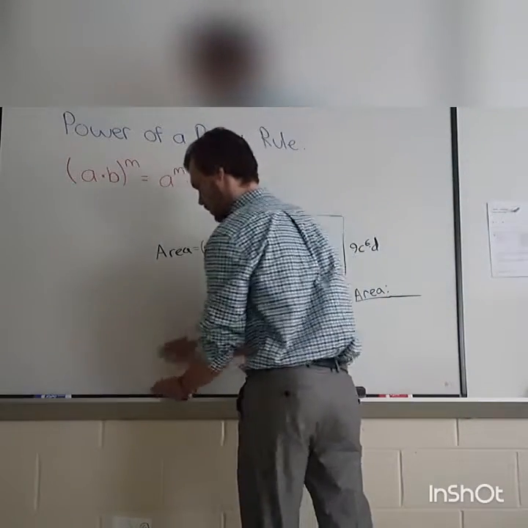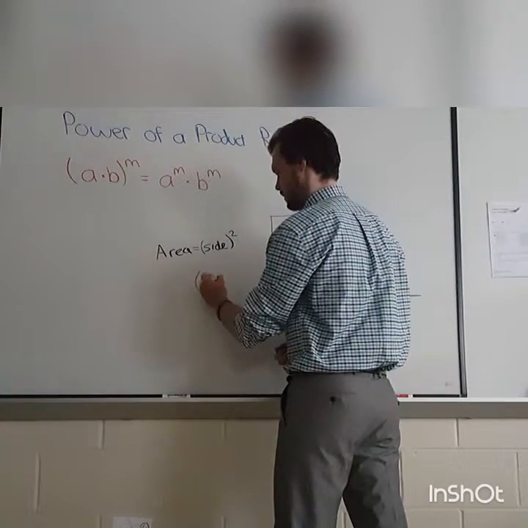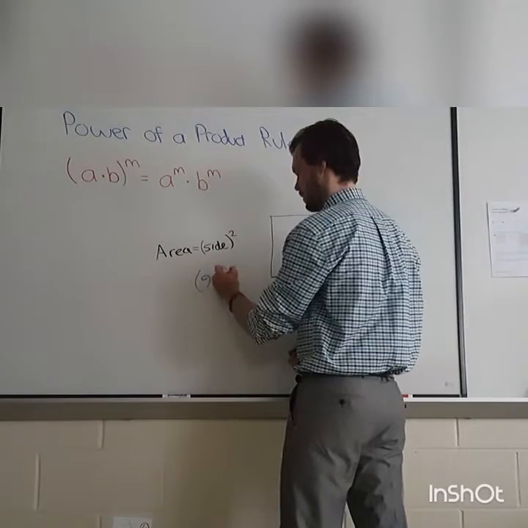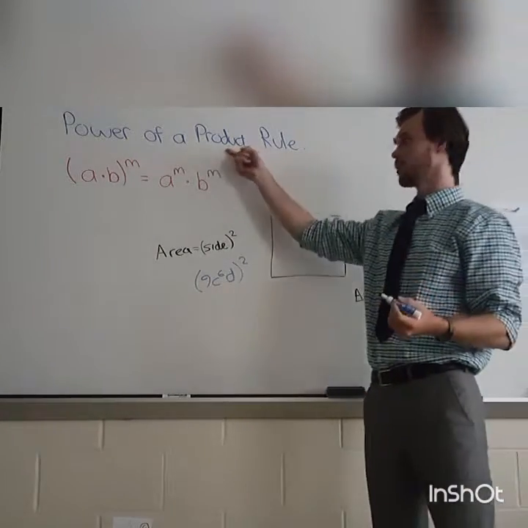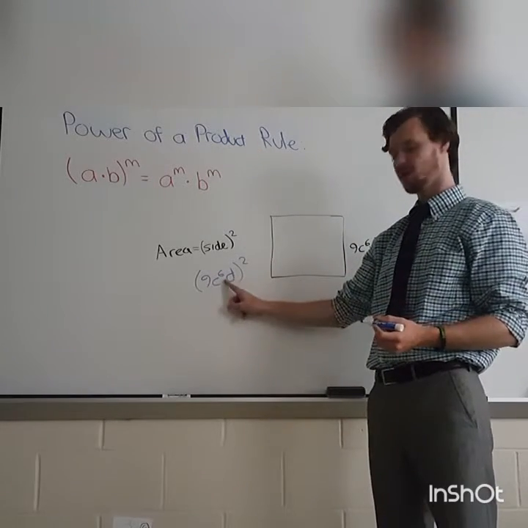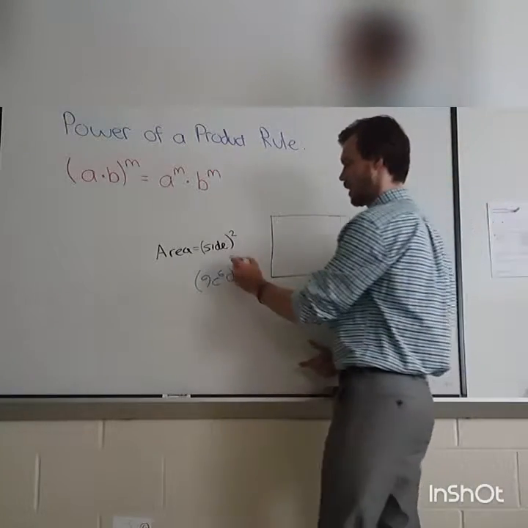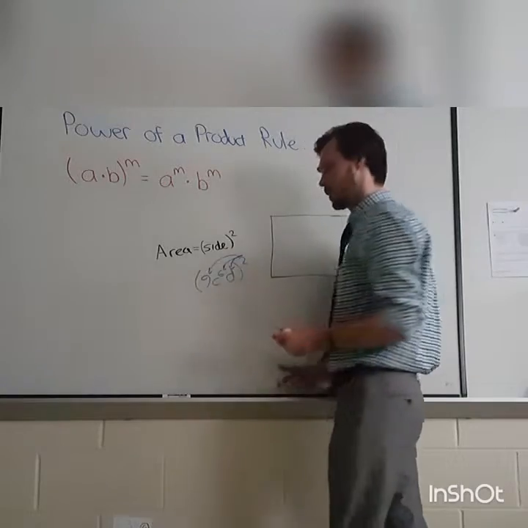So we're going to have 9c to the 6th d, squared. I'm using my power of a product rule because I have 9 times c to the 6th times d. That's a product inside parentheses. I'm going to apply the exponent to everything on the inside, and I can solve for my area.